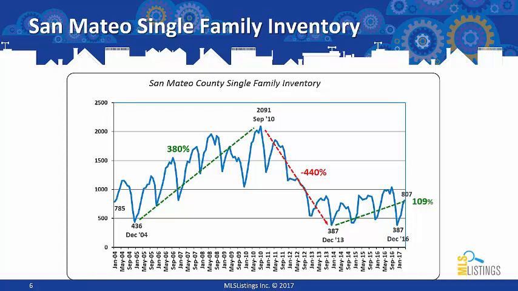Then there was a steep drop-off over 3 years and 3 months, which is shorter than some of the counties we just looked at, down to 387. That's all homes for sale on December 13th in San Mateo County. It matched that again in December 2016, and now we're up at 807. So you can see they're starting to make some progress.